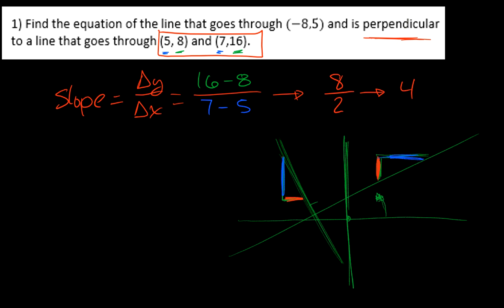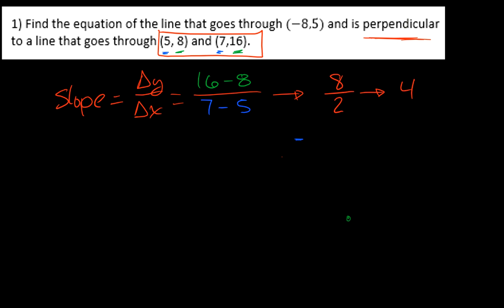They switch places when we go through 90 degrees. That's why it's the reciprocal. The other thing I'm observing is that if this line has a positive slope, after a 90-degree rotation I end up with a line that has the opposite sign. So if a slope was negative, it'll become positive and vice versa.